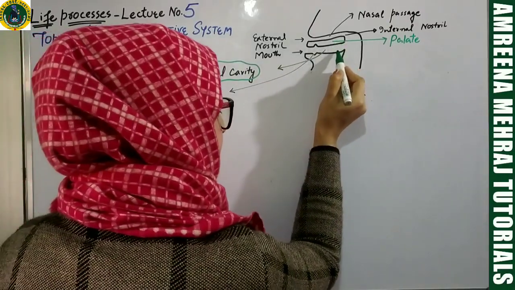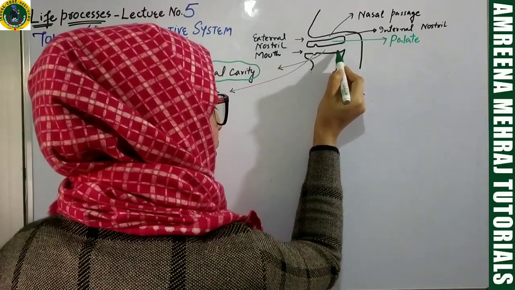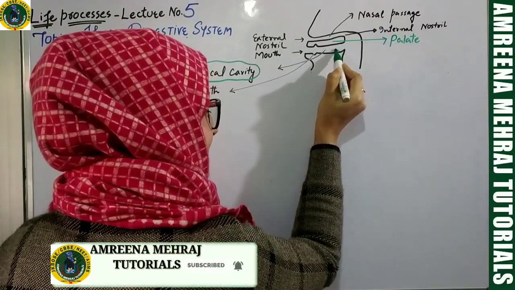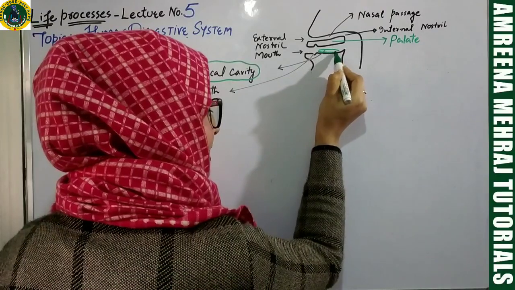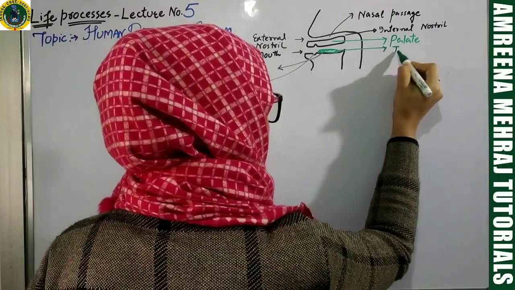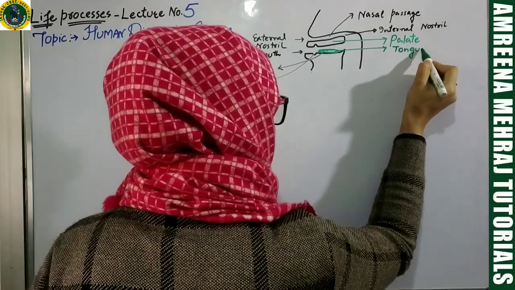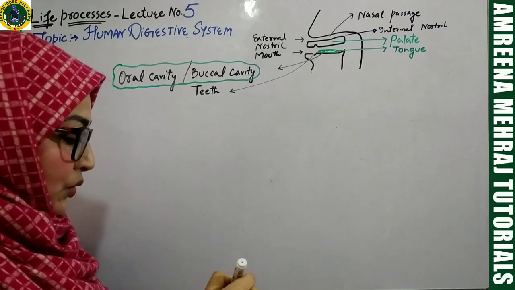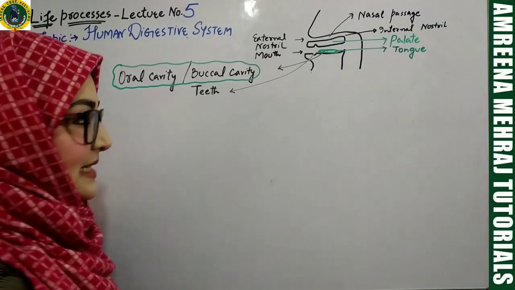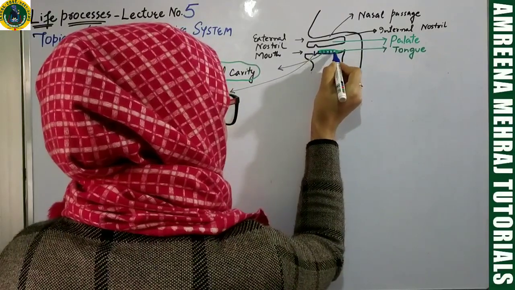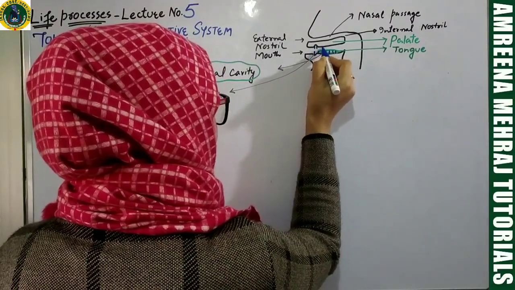And this is the floor of your buccal cavity, to which your tongue is attached. This is the place where you will find the tongue in your buccal cavity. And you know that there will be jaws on the sides, in which the teeth will be embedded.